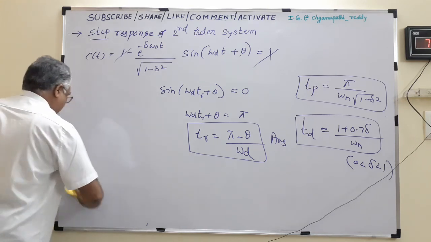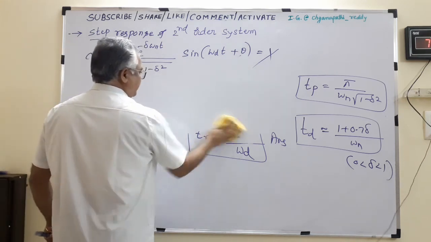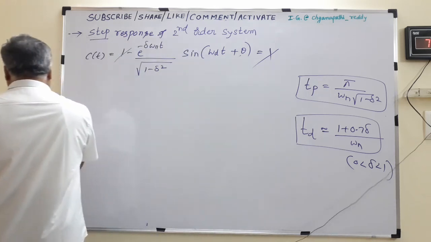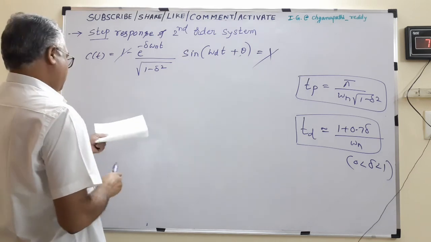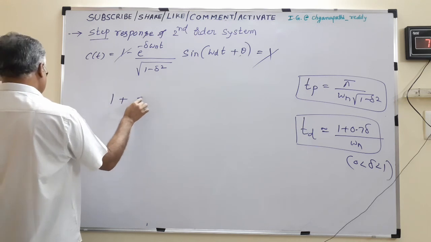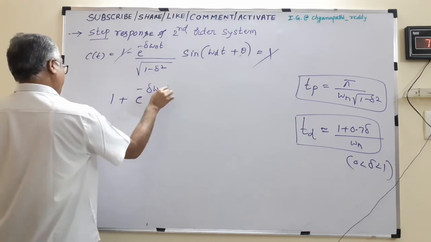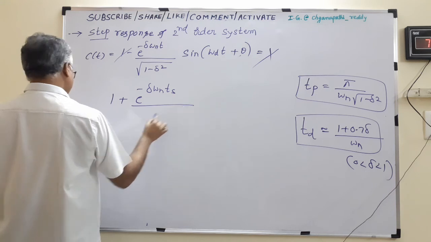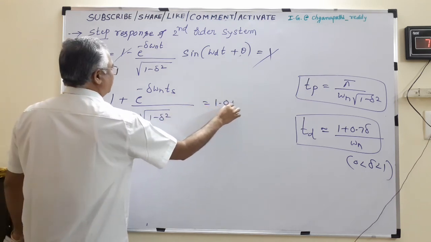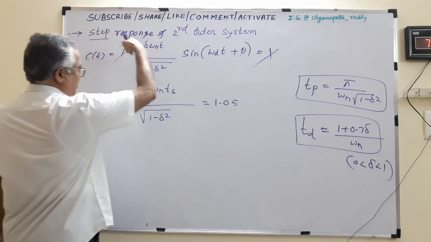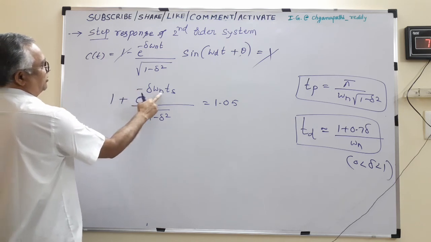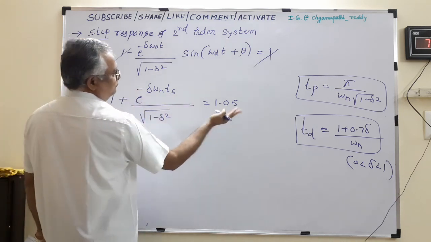Next is settling time. The last one is settling time. Those exponentials should reach 1 plus e power minus delta omega n Ts equal to 1.05. Those dotted lines I have shown in the graph, 1 plus e power minus delta omega n Ts, because it is equated to 5% above.